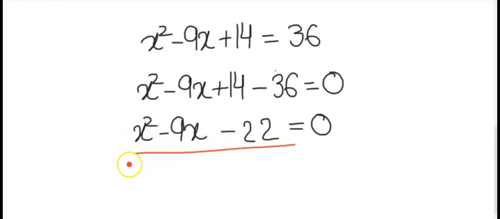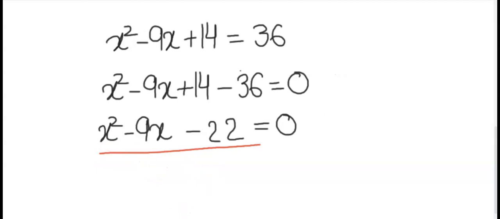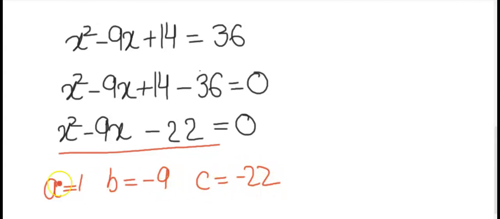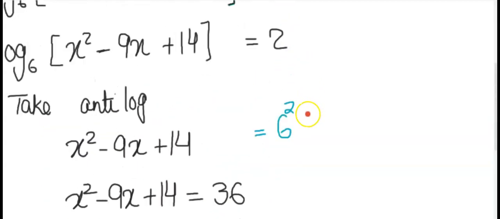According to this equation, the a is 1, b is -9, and c is -22. This is the a, which is here. This is the b, this is c. I will put that in the quadratic formula now.